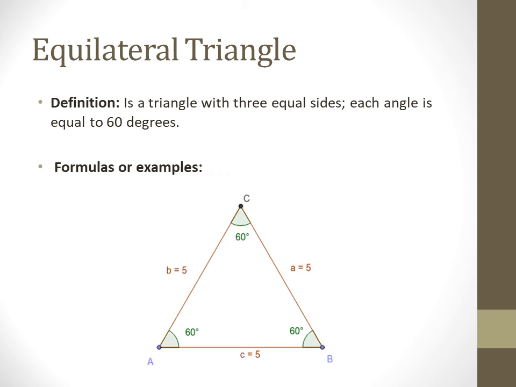Okay? So here we've got sides measuring 5. I don't know what the unit is there. It's not given. 5 centimeters, 5 meters, 5 inches, I'm not sure. So each side is 5, and each interior angle is 60 degrees.